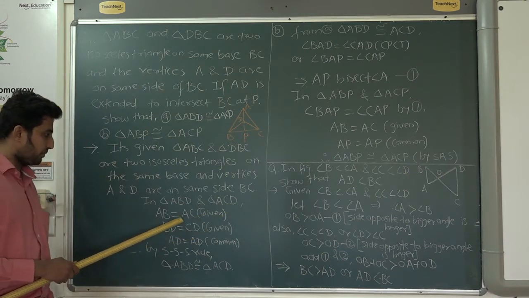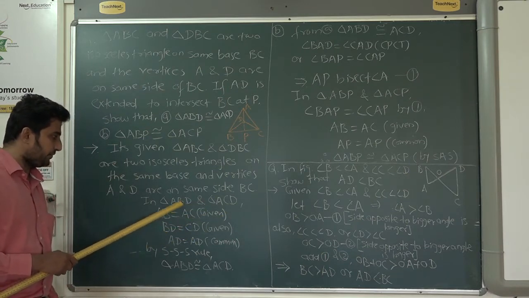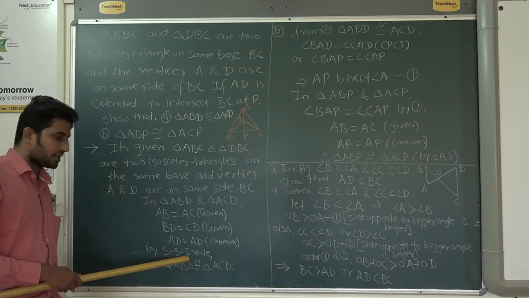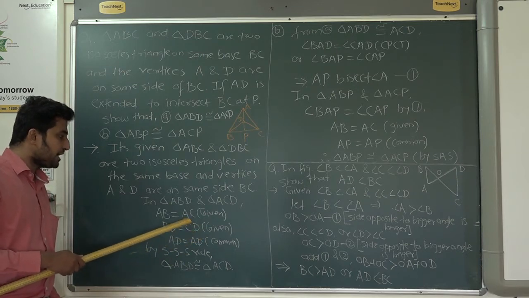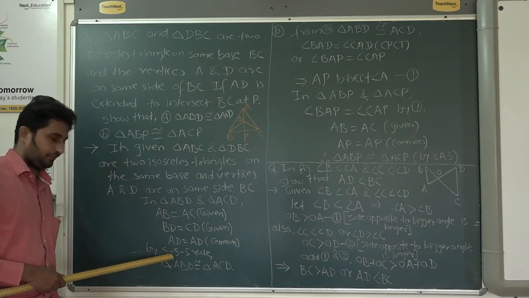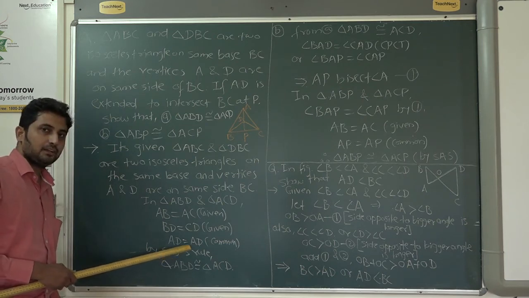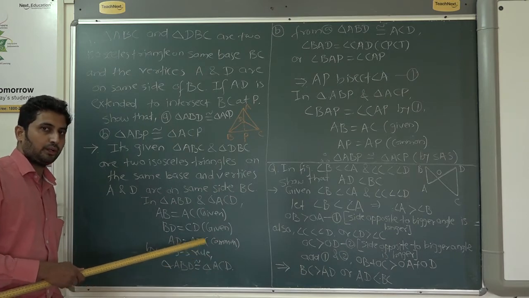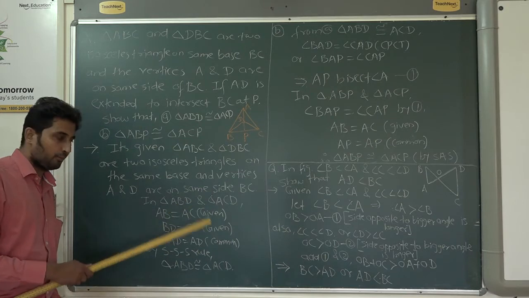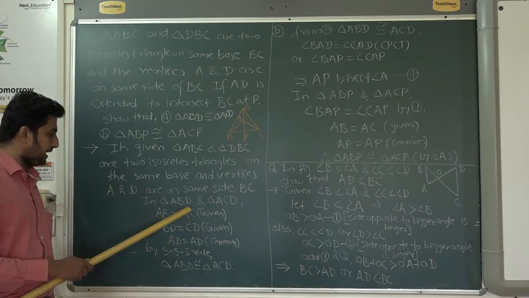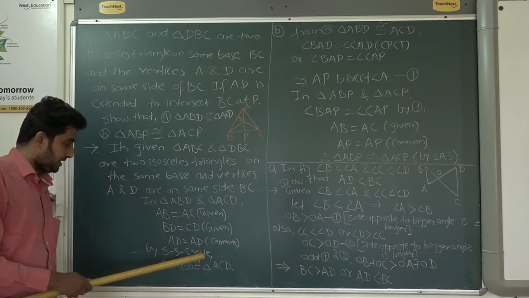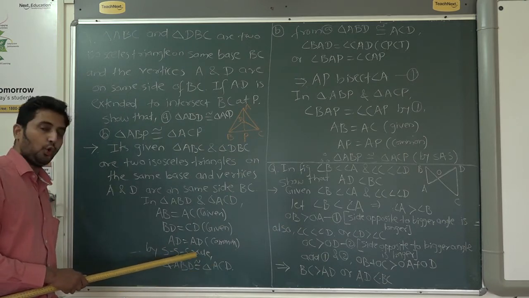So by the side, side, side congruency rule, triangle ABD is congruent with triangle ACD.